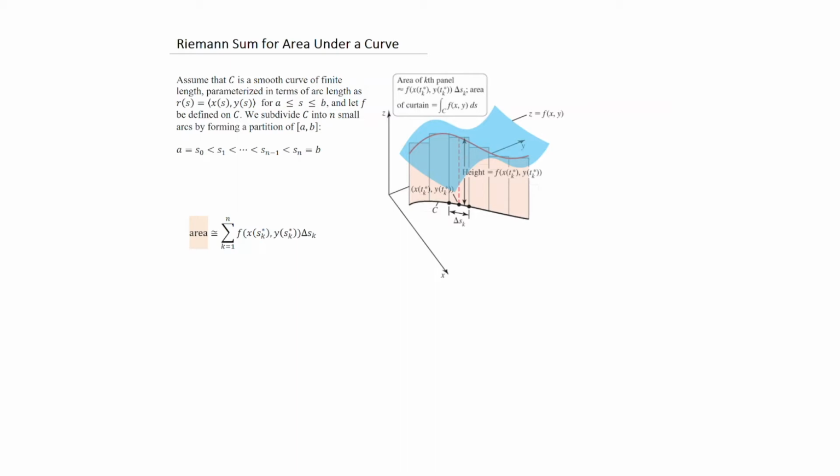Then we're going to subdivide this contour C into n small arcs by forming a partition of a to b. A is on one extreme end and b is on the other extreme end. The area that you see under the pleated curve would be the height of the function at some intermediate value of s between two points, multiplied by the distance along that segment of the arc length, which would be here.